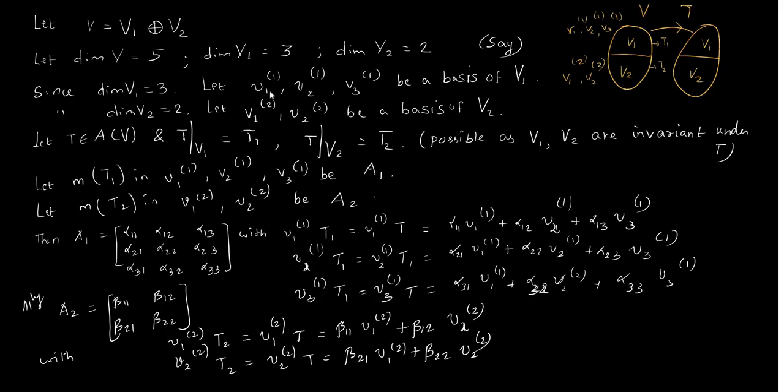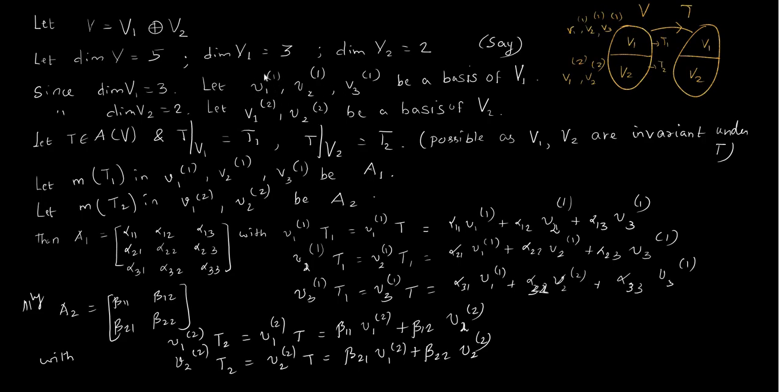Now, because V1 is of dimension 3, we can have a basis with 3 elements. So we shall take them as v1, v2, v3. And even for V2, which is of dimension 2, we should have two basis elements, v1 and v2. But we cannot use the same letters, so we superfix.